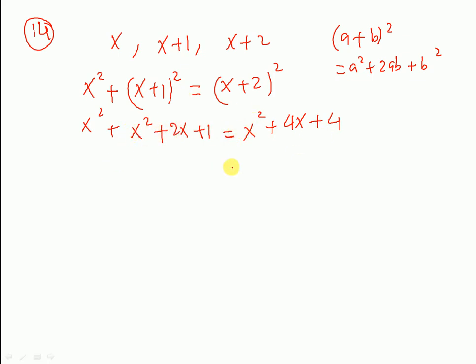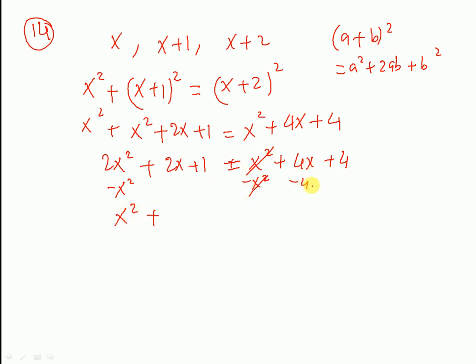Let's move all the terms to one side first. Simplify them first. Now, x squared, you minus x squared here, and then you minus 4x here, and then minus 4, and then minus 1 here. That's gone, that's gone. So the right side now is 0.